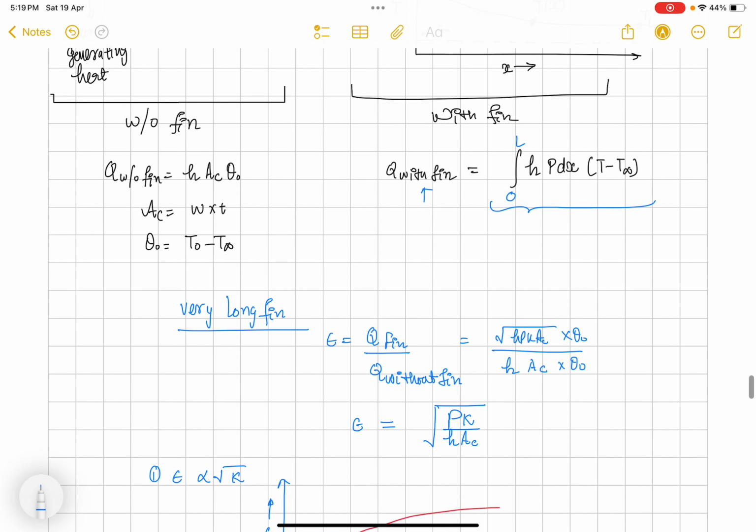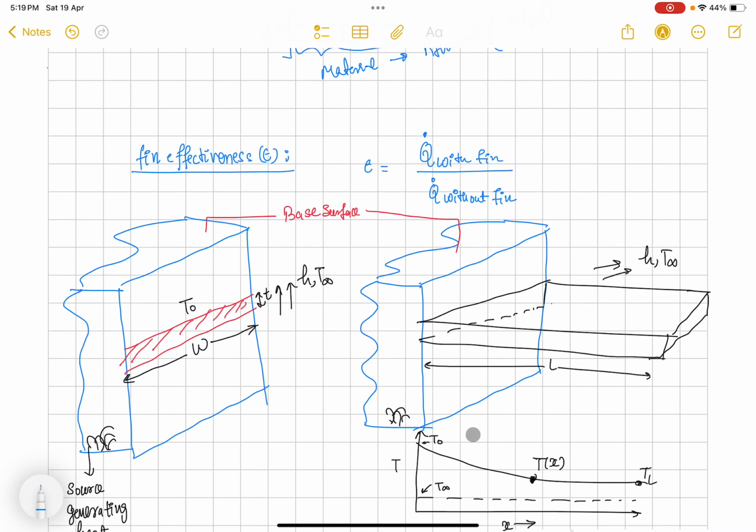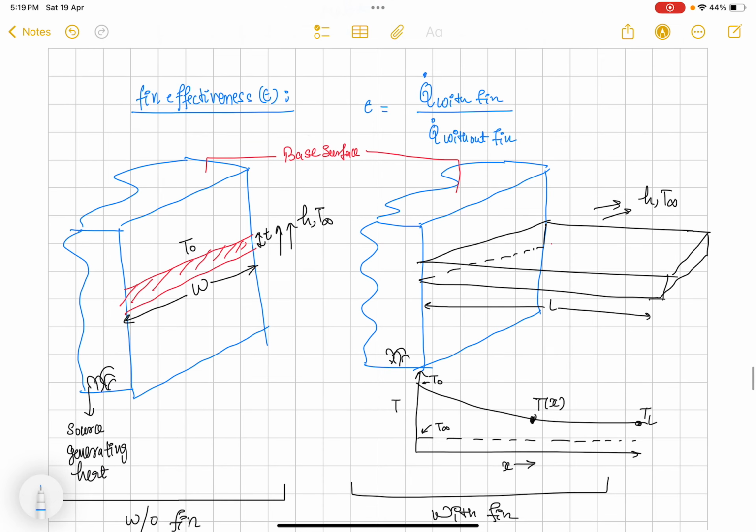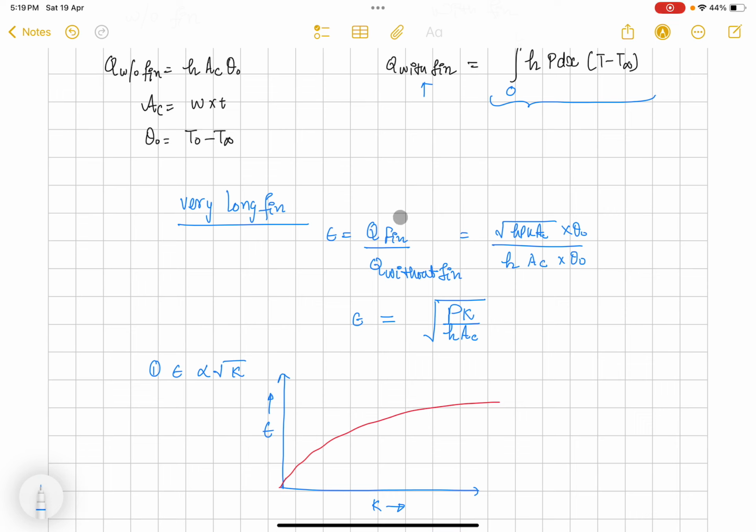So fin effectiveness is defined as the rate of heat transfer with fin divided by the rate of heat transfer without fin. So it is a ratio, a non-dimensional number. The expression in the numerator changes depending on the condition, right?